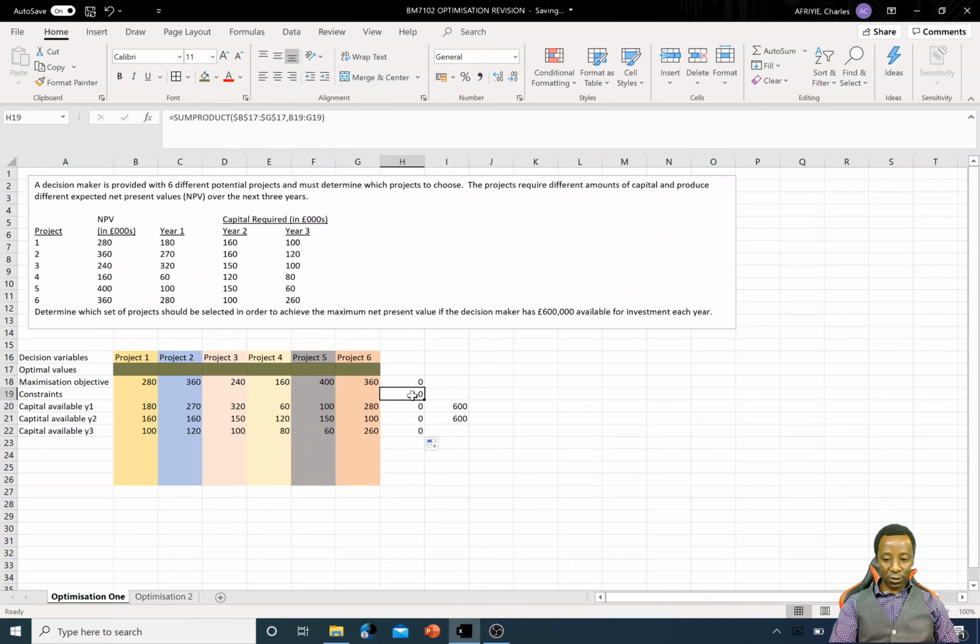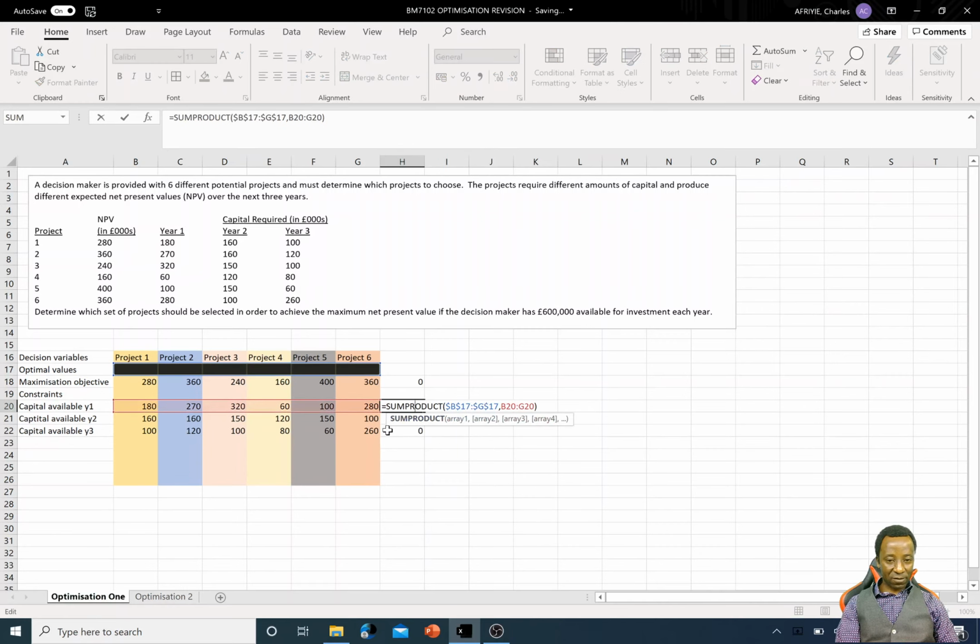Okay, so what we're saying is we know the formula here, right, would multiply these capital requirements by the choices that will be made here to tell us the total capital that we would use for year 1 in there.